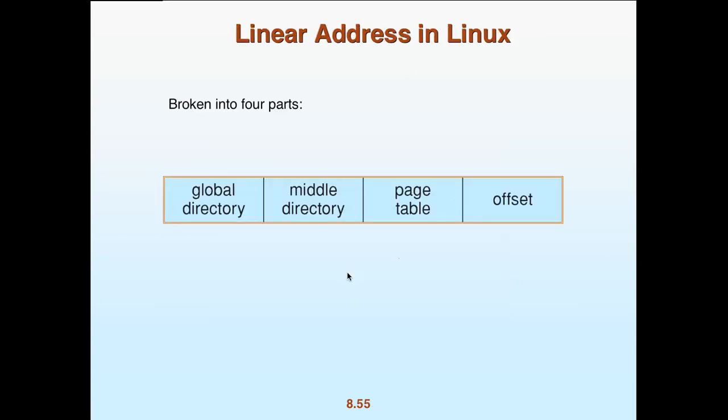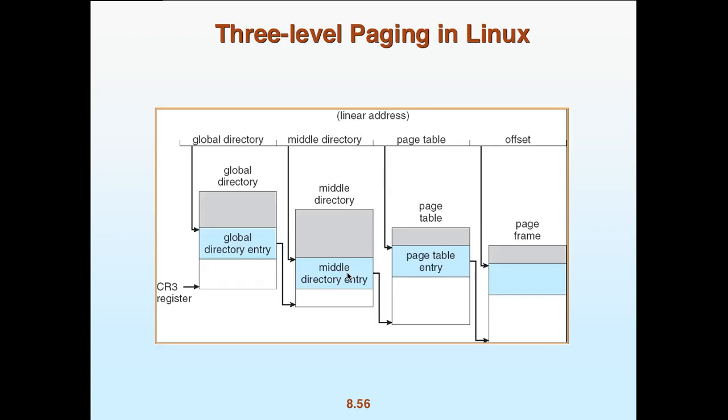Our linear address in Linux is just broken up a little bit more into pieces, into 4 parts instead of 2, where we've got a global directory, a middle directory, a page table, and an offset, not necessarily using segmentation. So, in terms of 3-level paging in Linux, we've got the global, the middle, the table, the page.